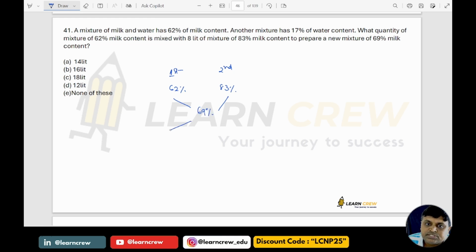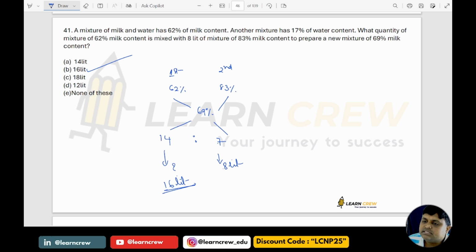So what is the ratio? 83 minus 69 is 14, 69 minus 62 is 7. So 14 is to 7. But this 7 is given as 8 liters. Then 14 would be how much? If 7 is 8, 14 would be 16. So answer is 16 liters.